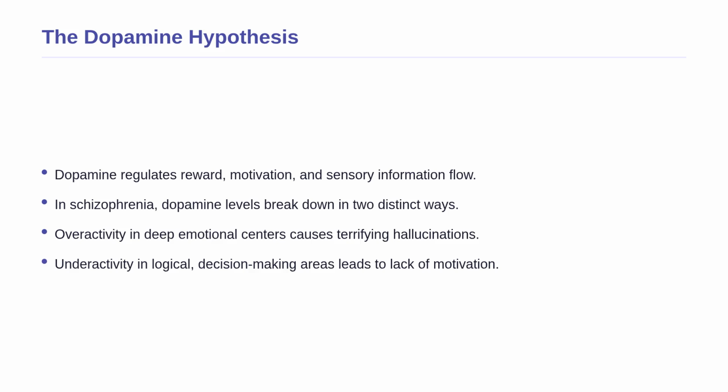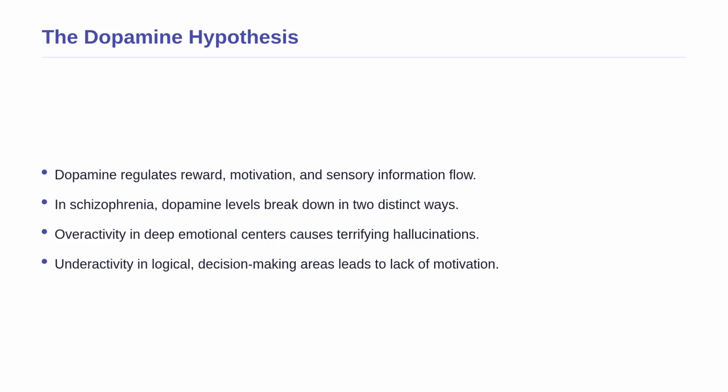Now that we understand the clinical symptoms, let us look at the chemical imbalances driving them. For decades, the leading explanation has been the dopamine hypothesis. Dopamine is a crucial neurotransmitter that regulates reward, motivation, and the flow of sensory information. In a healthy brain, its levels are carefully controlled.